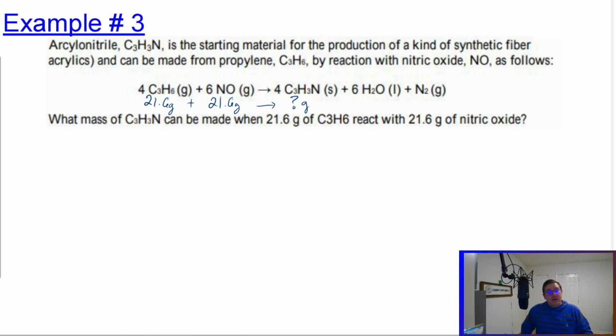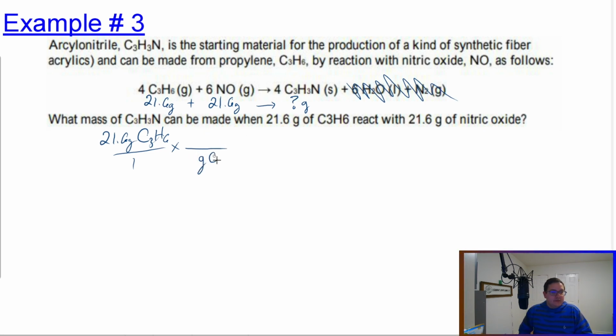Now, the chemical reaction is already balanced, and we actually can ignore these other things. We don't need them. We're only looking at how much can be made. So let's do the exact same thing we did earlier. So we got 21.6 grams of C3H6, and we're going to convert that to grams of C3H3N, or acrylonitrile.